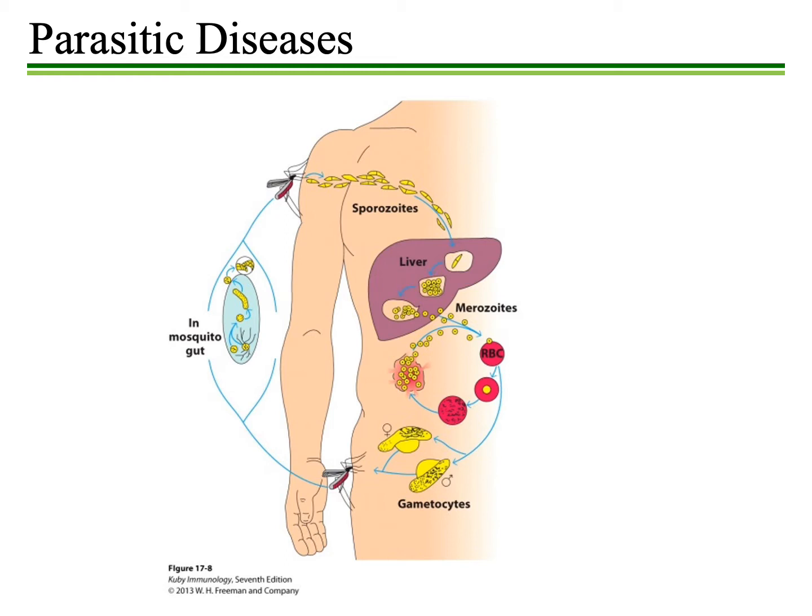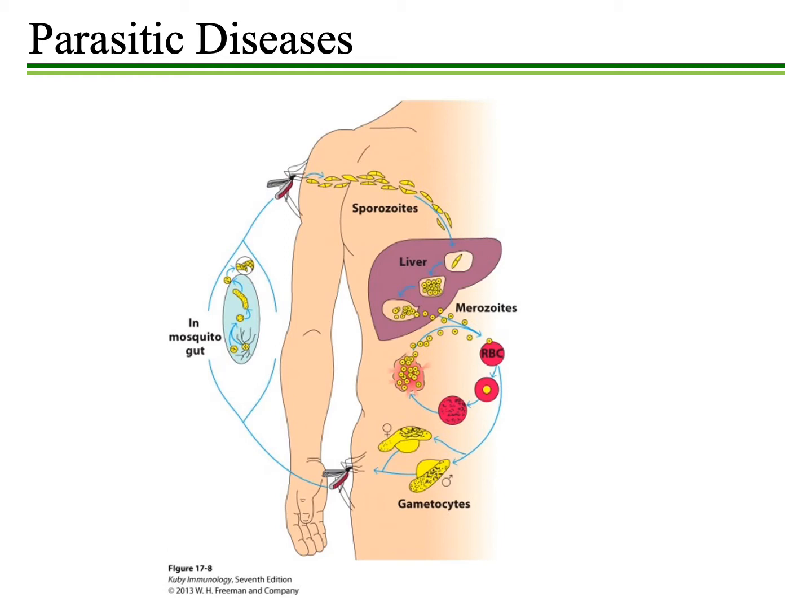Now, the way that these parasites typically evade the immune response is due to antigenic variation. What I've listed here are 3 different life cycle stages for malaria, and with those different life cycle stages, there are different antigens that are produced.